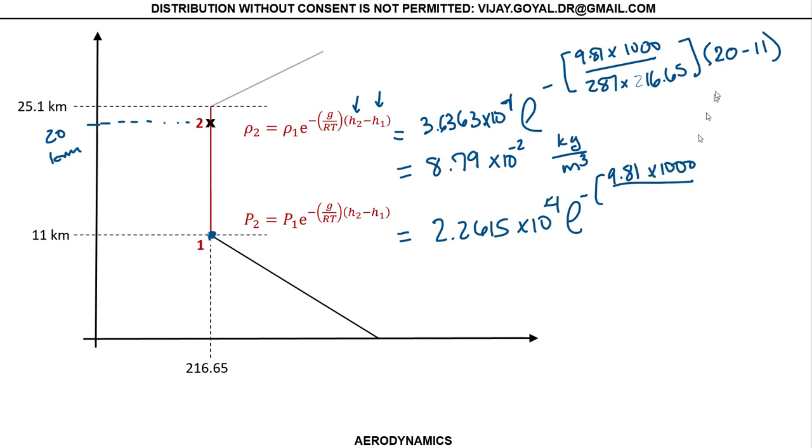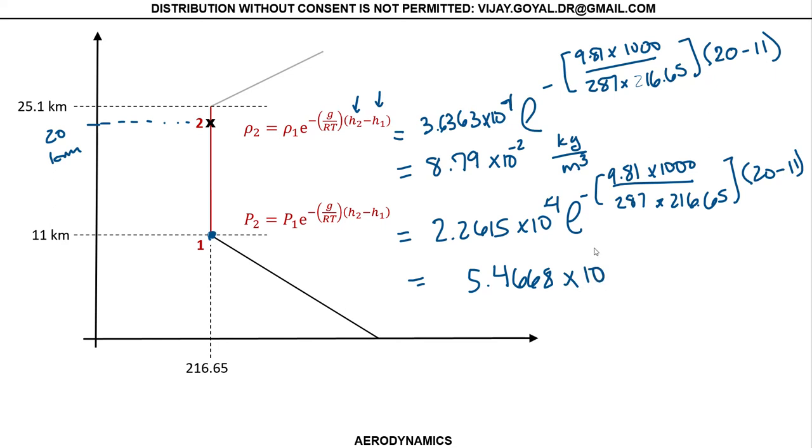Remember, this is just to convert this to kilometers, I'm sorry. 287 times 216.65, multiplied by 20 minus 11, and you get a value of 5.4668 × 10^3 Pascals. Okay, so this is the first part of the problem.